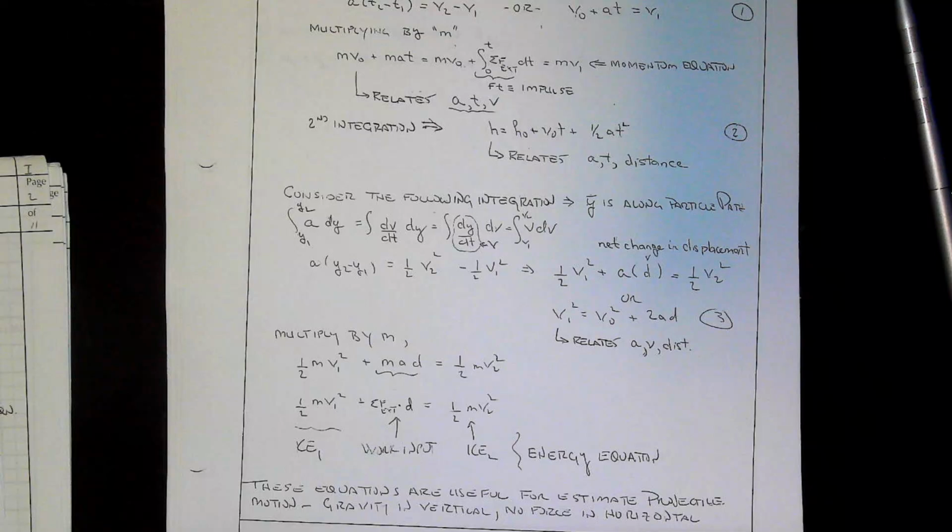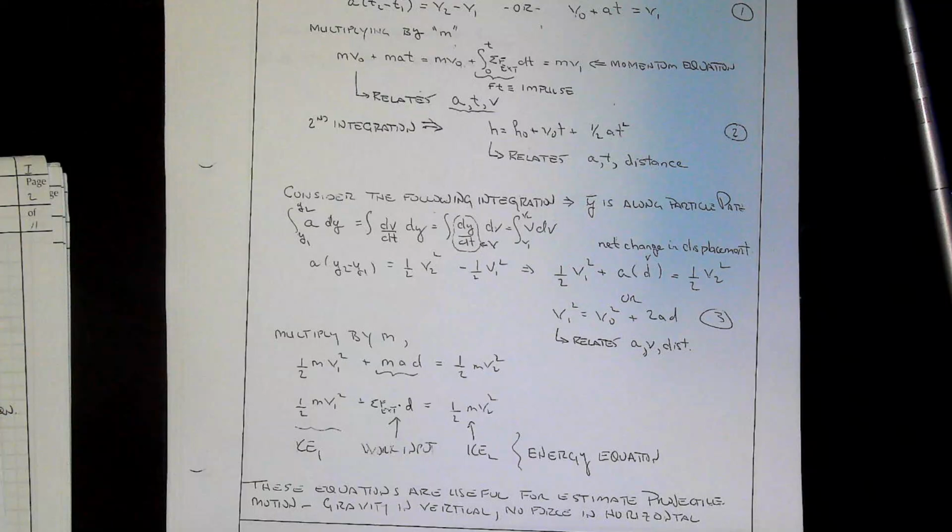All right. Now, just to take a little look at this, if we multiply through here by mass, what would we have? This equation would be mv0 plus mat.